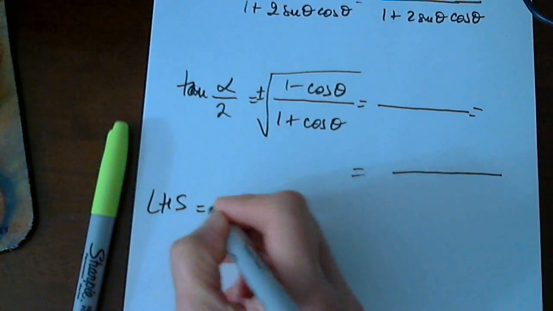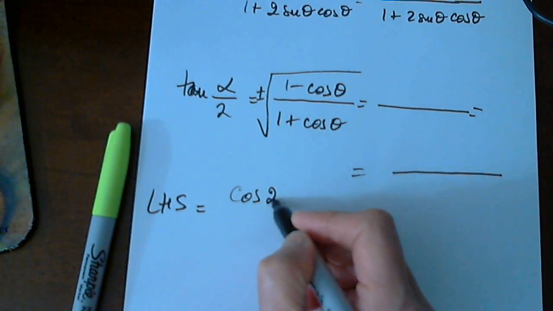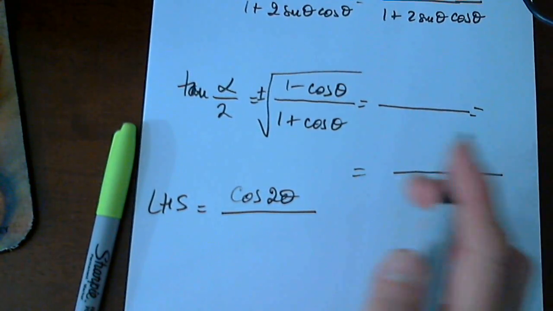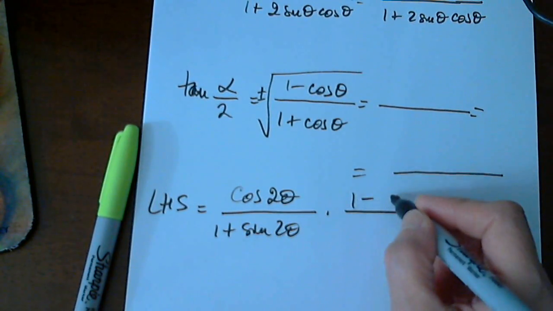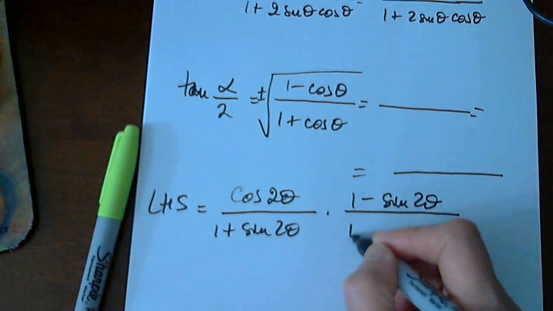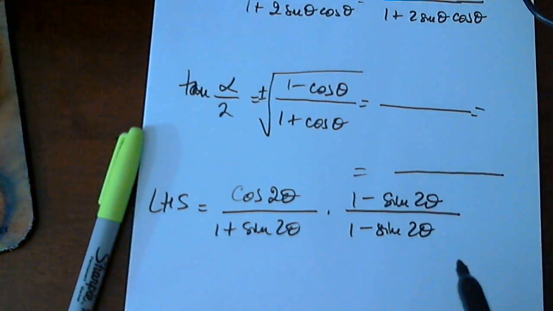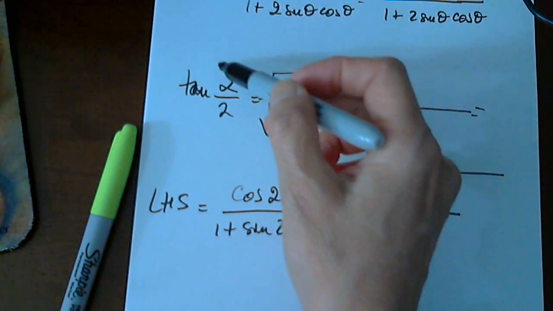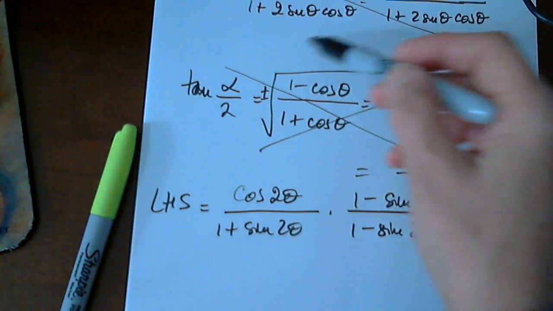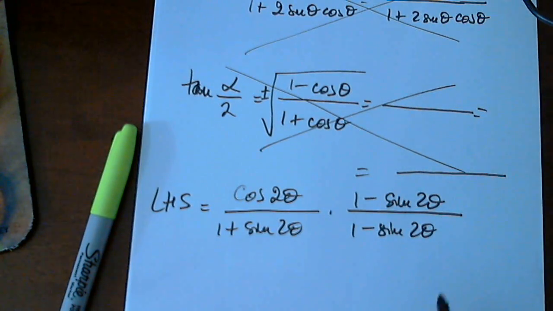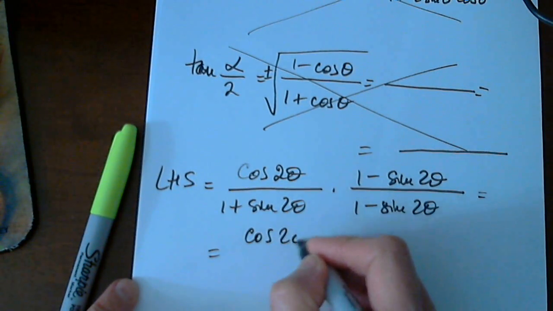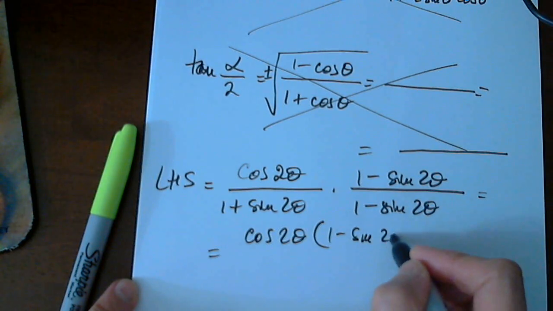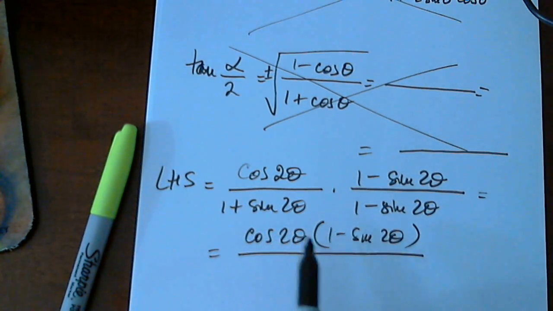So cosine 2 theta, we've done this little trick before. 1 plus sine 2 theta, times 1 minus sine 2 theta over 1 minus sine 2 theta. So this is 1. There is no need for this, and there is no need for this. Okay, so what happens now? I get cosine 2 theta times 1 minus sine 2 theta. And let's see what I get here.